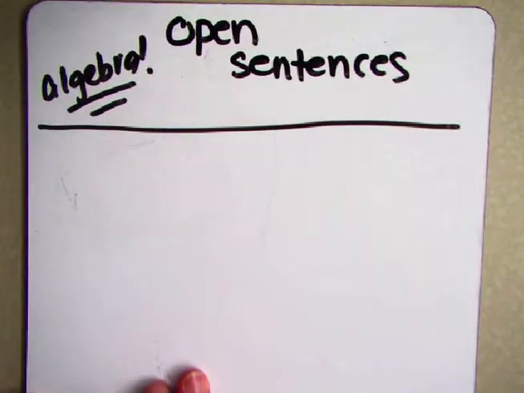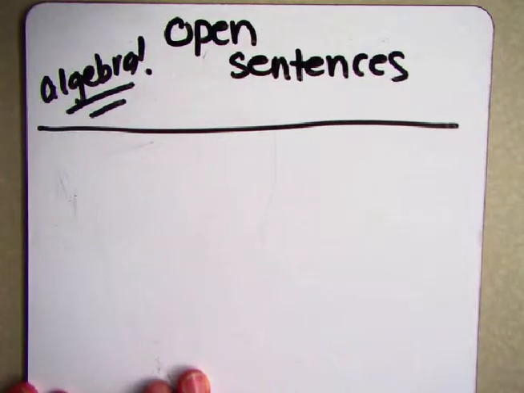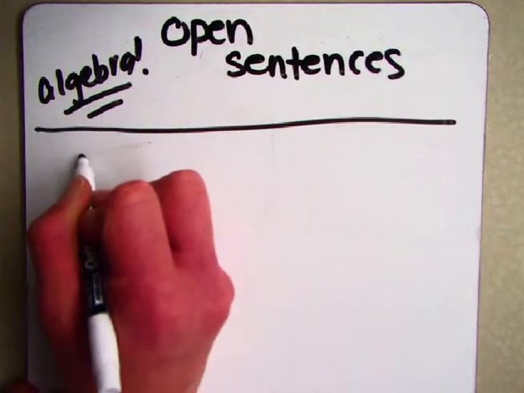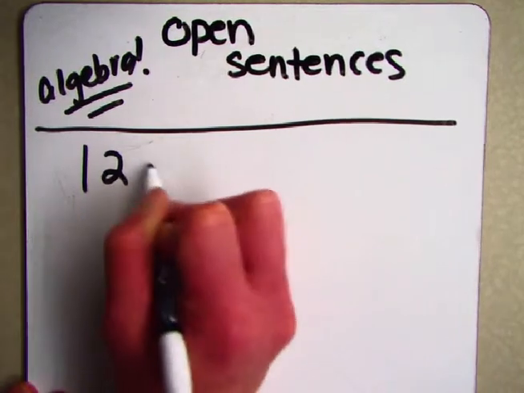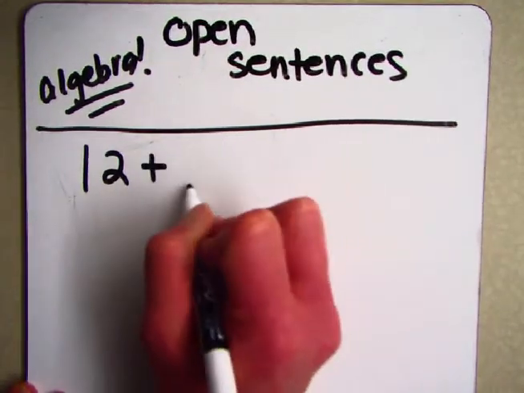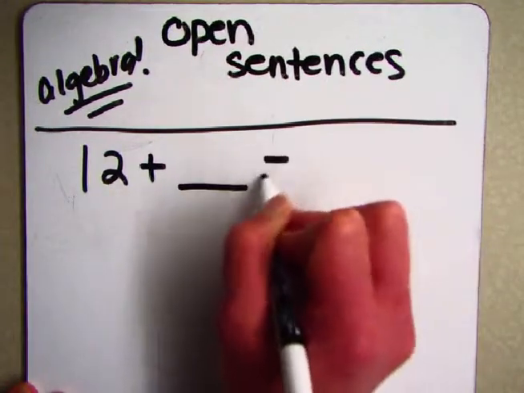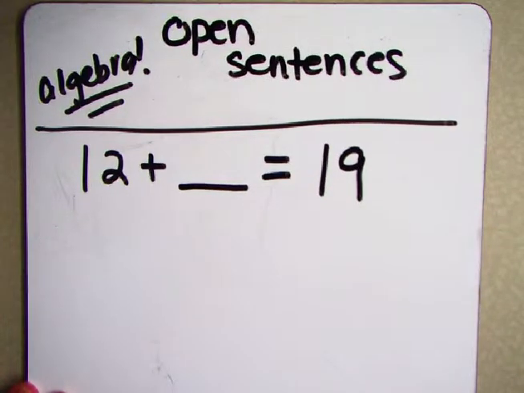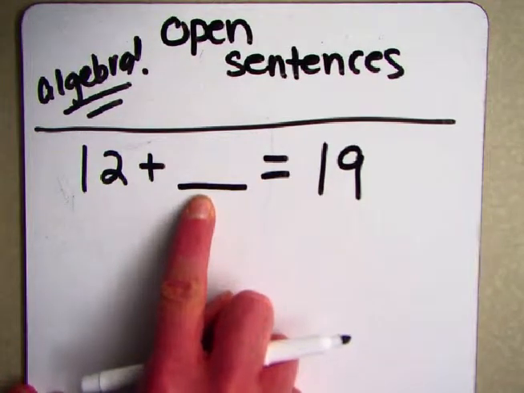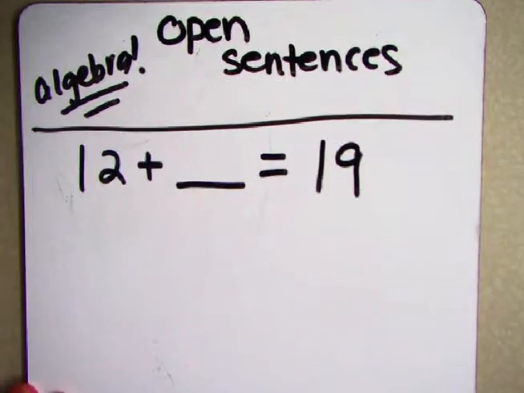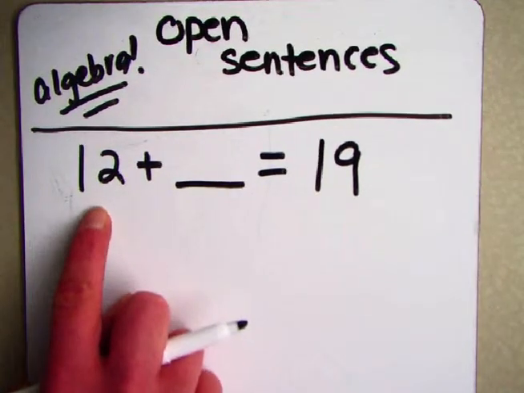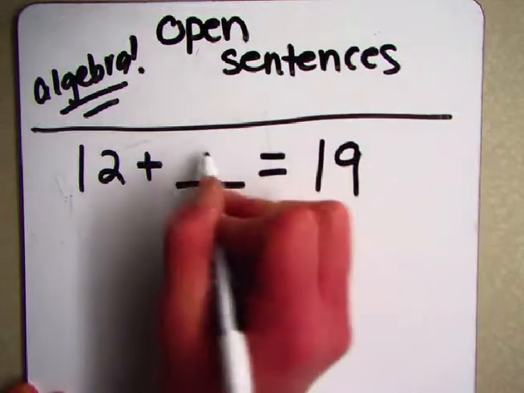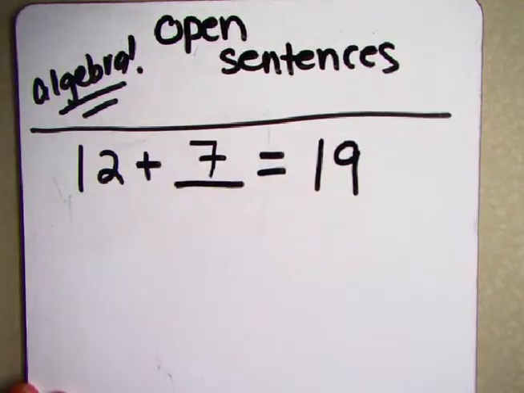And this is where we use variables in place of question marks. In the past, you might have seen something like this. Like a number sentence with a missing blank, and your job is to figure out what number goes there to get your answer. Well, you know by counting up that 12 plus 7 is equal to 19.